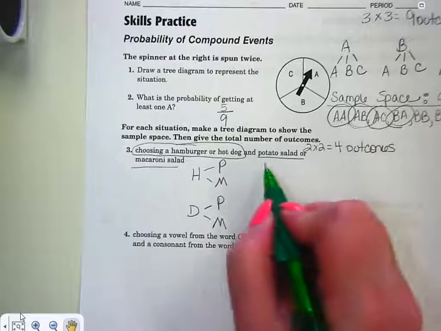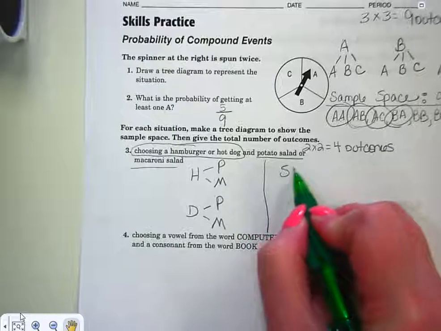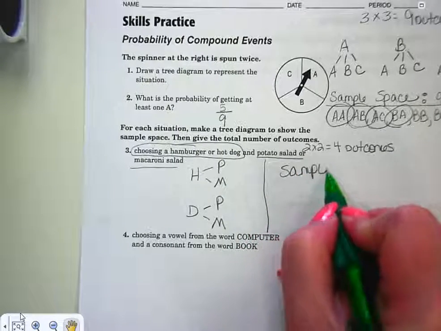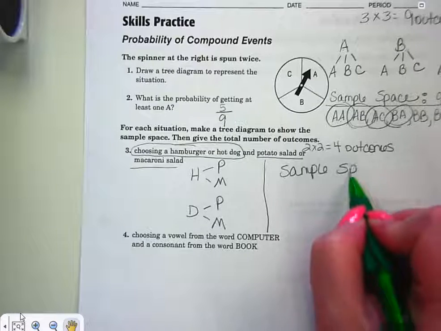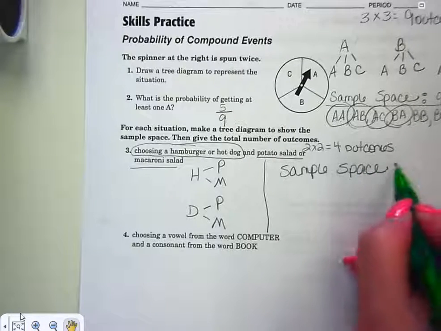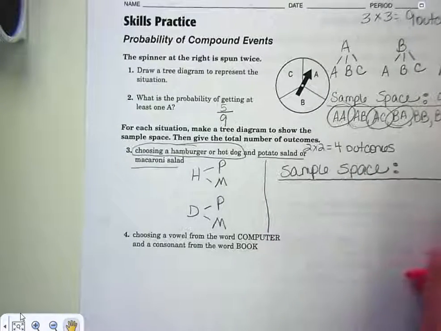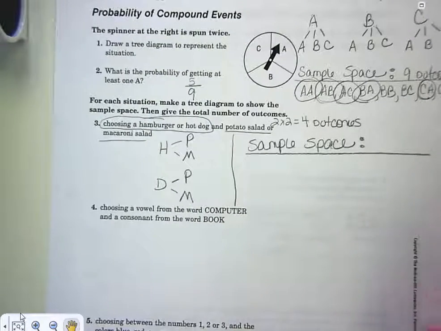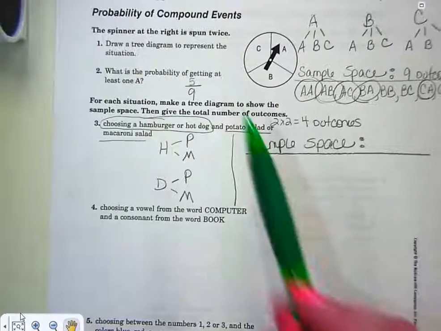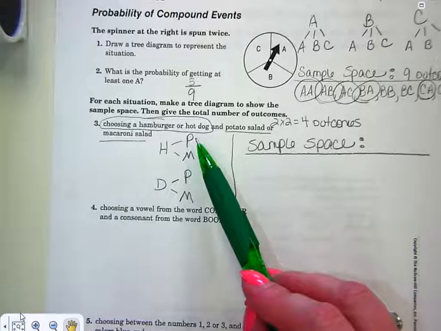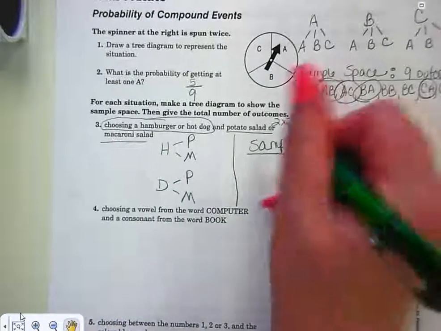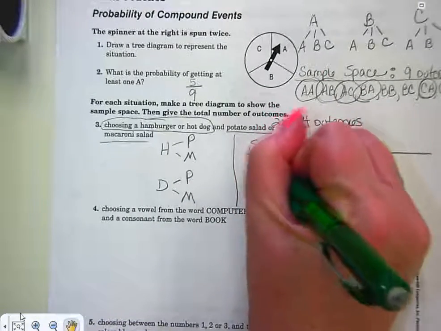Let's make our sample space now. All right. So what's the first thing we're going to list in our sample space? Hamburger and potato salad. How am I going to list that? HP.